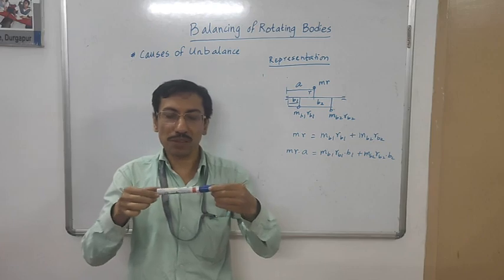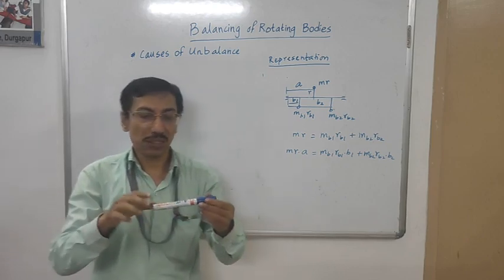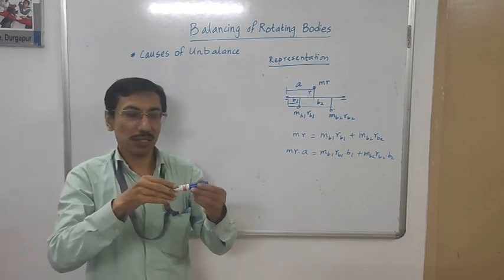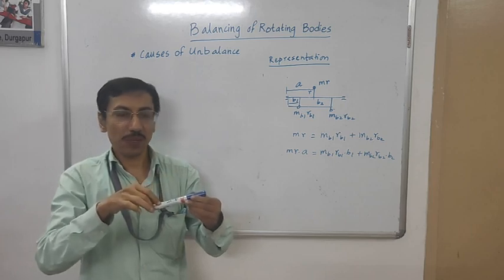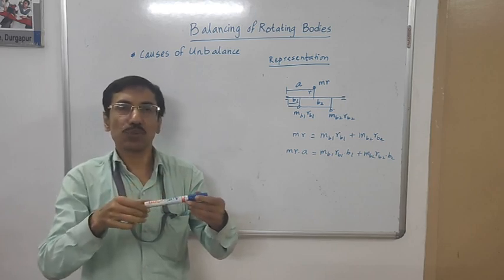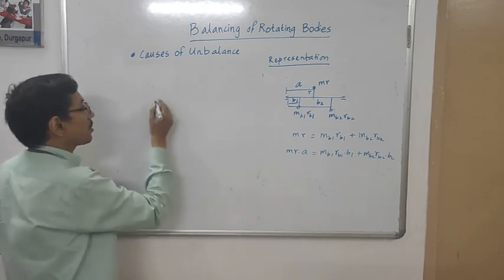So to make the system statically balanced, what we can do is the center of gravity of the resultant system must lie on the axis of rotation. If it lies on the axis of rotation, then it will be statically balanced. Now let us consider this case again.